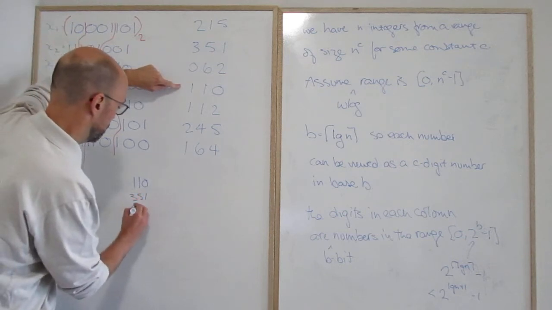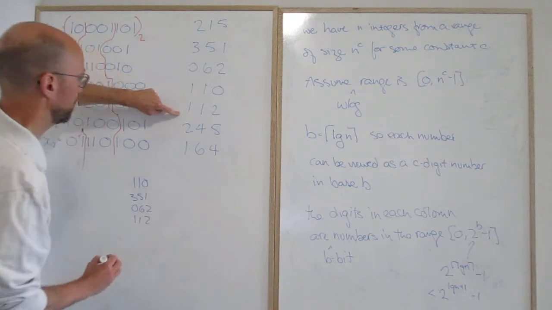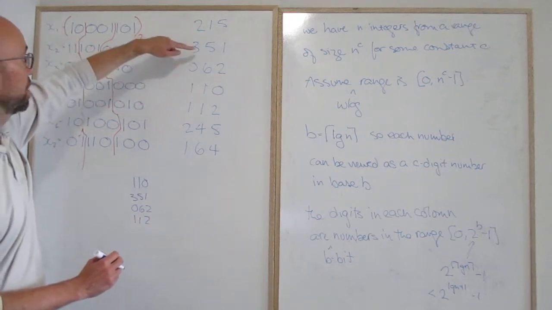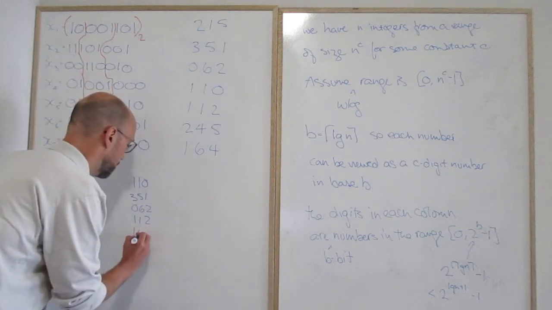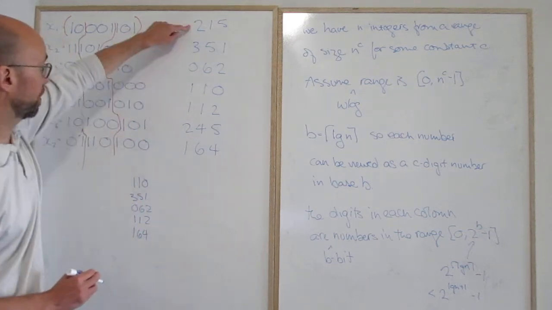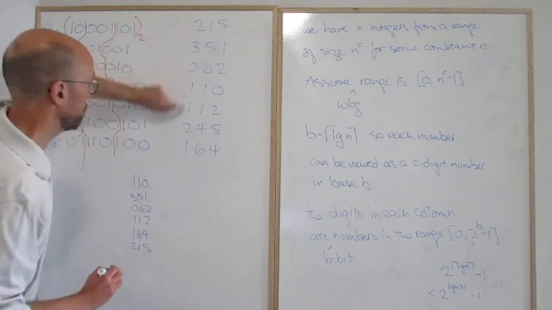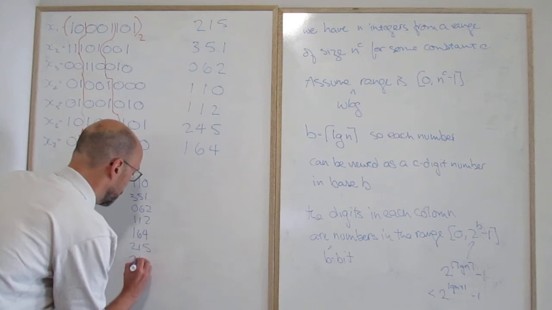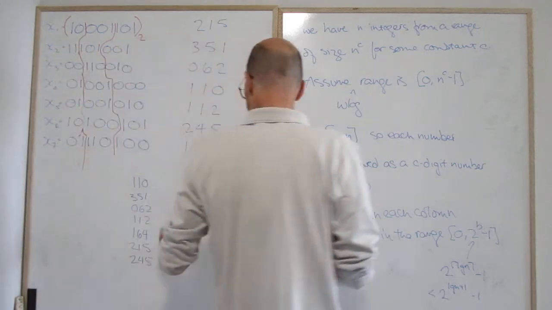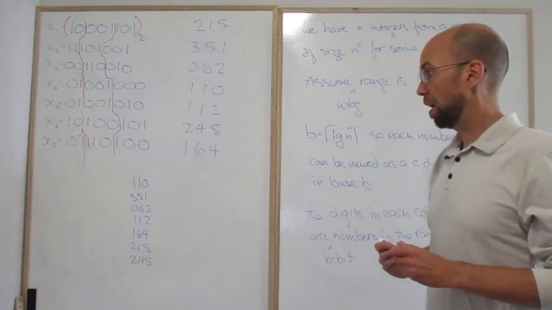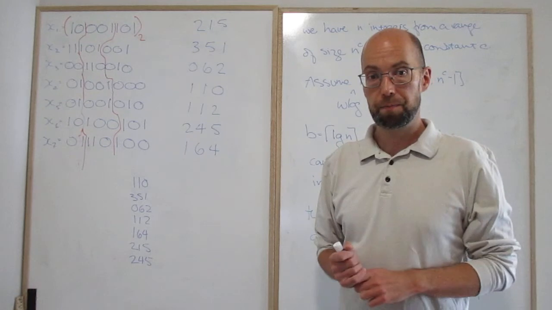So it's going to be 0, 6, 2, and then 1, 1, 2. If this doesn't work, I'm going to be really unhappy. And then we have no 3s. We have 1, 4, 1, 6, 4, and then we have two 5s. And so again, because it's stable, it has to be 2, 1, 5, followed by 2, 4, 5. Okay. So this is stably sorted on the last column.